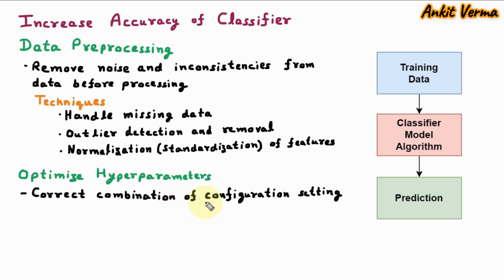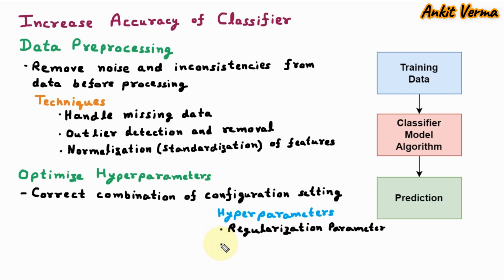There are various hyperparameters which we can tune. First is regularization parameter. Next is learning rate. Next is kernel parameter. This is used for the SVM, which is support vector machine.